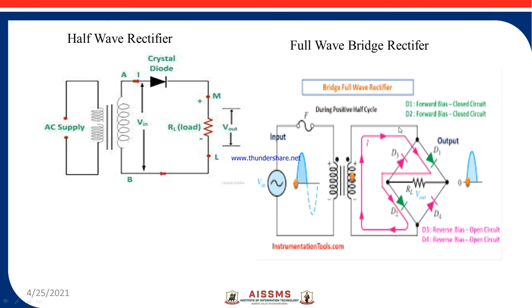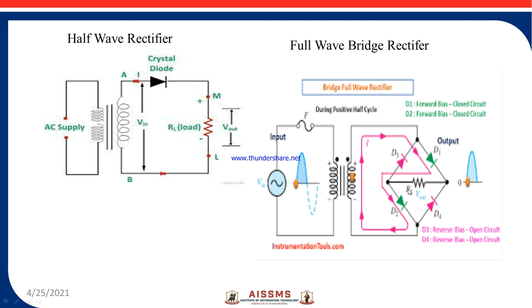At this stage, we get the positive half at the output across RL. This half appears when D1 and D2 are both on, or conducting.